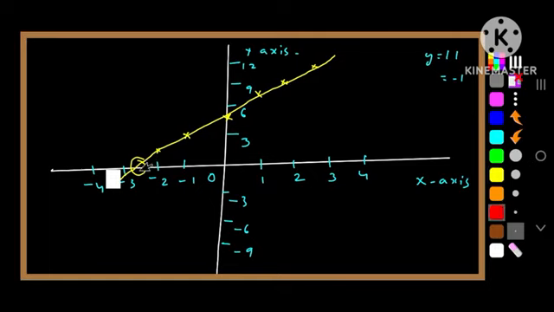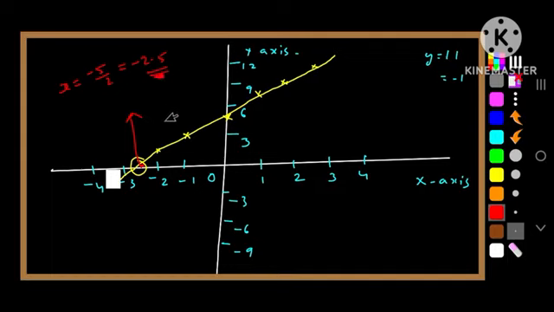So this point will be our 0. If you observe it carefully, we'll see that x you are getting as minus 5 by 2. That is nothing but minus 2.5. So here this point is minus 2.5.